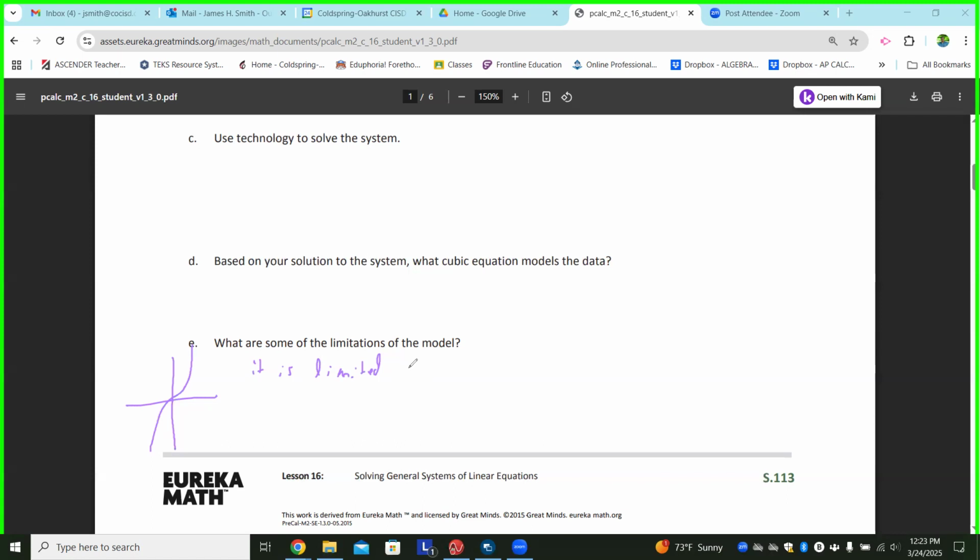It is limited to the 4 points given. If you're trying to predict something, you could use that to predict. It could be skewed, or whatever the situation might be. All right. Not a big fan of that question E.